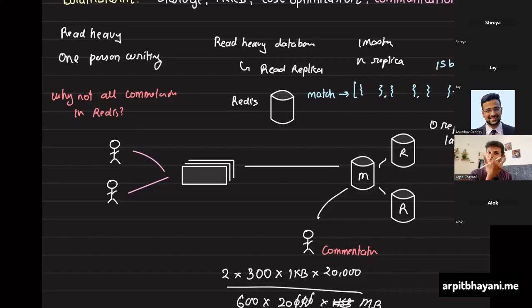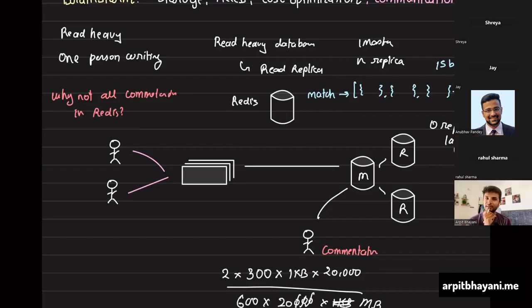Now, Shreya, how much data are we transferring over this persistent connection? Whatever new comment is added or updated, correct? Let's quantify that. 1,000 characters maybe. Per second or what?